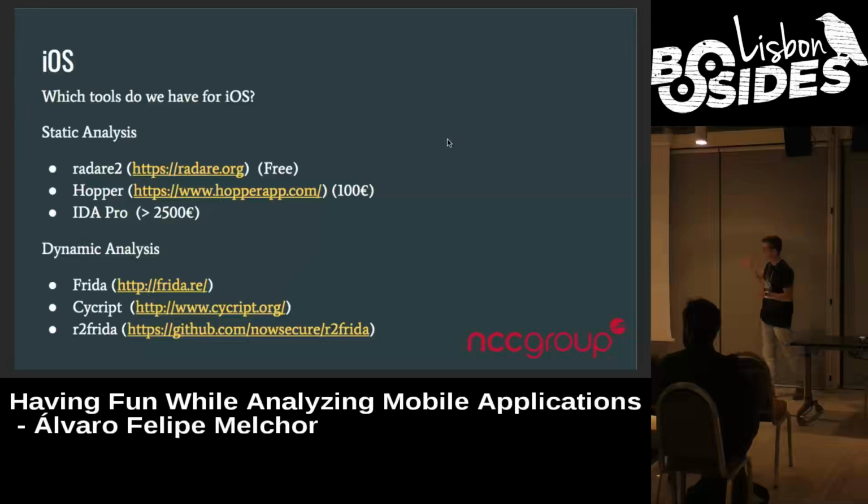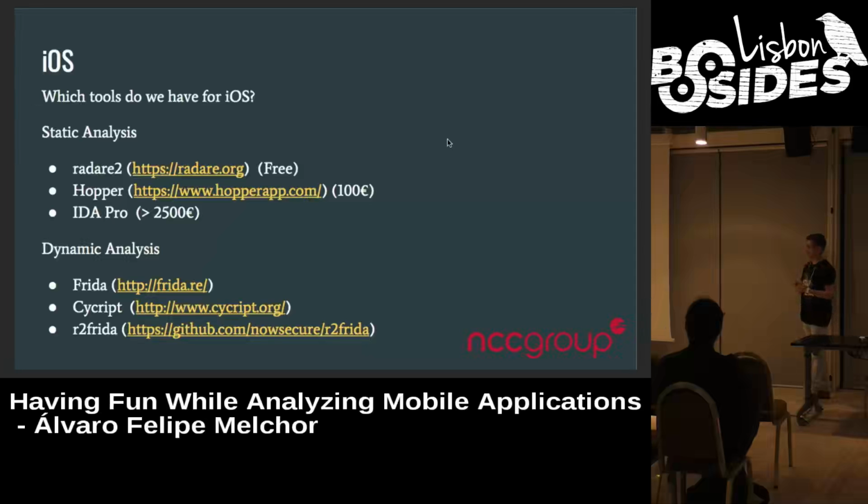If you have a jailbroken iOS device, probably you know that application. For the static analysis, again, here we have Radare2 that is free. It's open source, obviously. And then you have different options by license, like Hopper and IDA Pro. If you don't like Radare for whatever reason, I will recommend Hopper, because Hopper is very specific for iOS applications, and it has an interface. People normally, the command line gets scared at first.